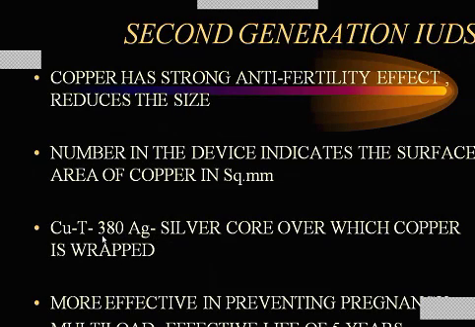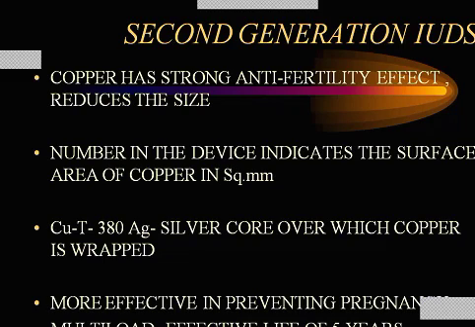So this Copper T380 has a silver core on which copper wire is wrapped, and the number in this device indicates the surface area of the copper in square millimeters. These second generation IUDs are more effective in preventing pregnancy. Okay, Multiload is effective and has a life of 5 years.